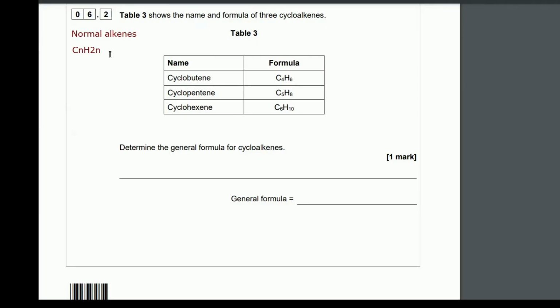So what could we change about the normal alkene formula to take account of the fact that it goes 2 less than double? I would say CnH2n minus 2. And so that's going to be your general formula. There's probably other ways you can write this and still get the mark. You'd have to check the mark scheme, but that's definitely one of them.